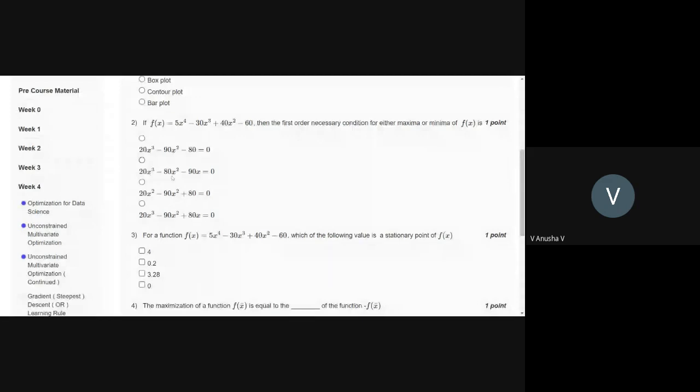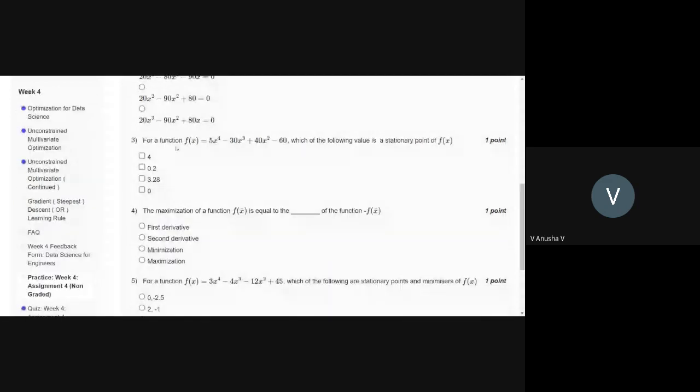So how do you solve the third question? What is the approach? I already explained it.